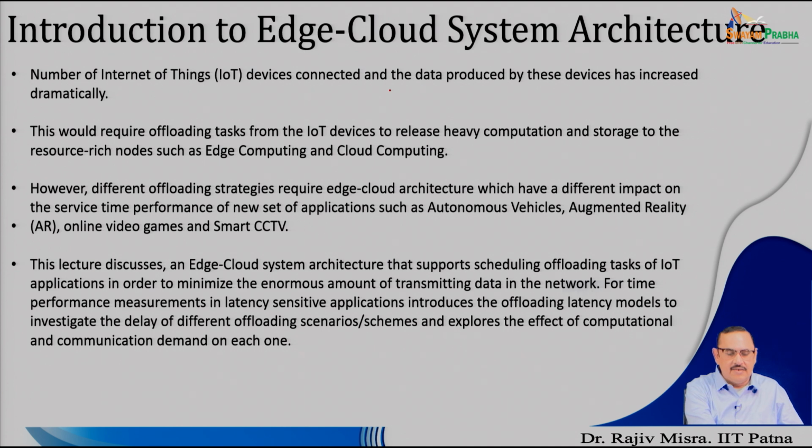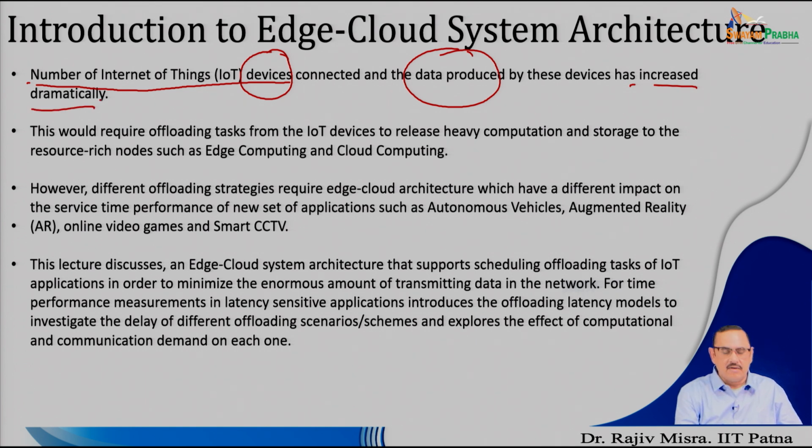So, as we see, the number of Internet of Things devices are producing a lot of data, and thereby this has increased the data intensive nature of computation. Now, this amount of data cannot be processed at the IoT devices, which are resource constrained devices.